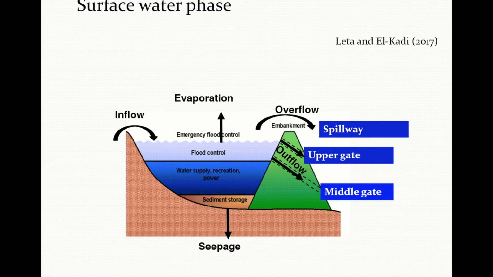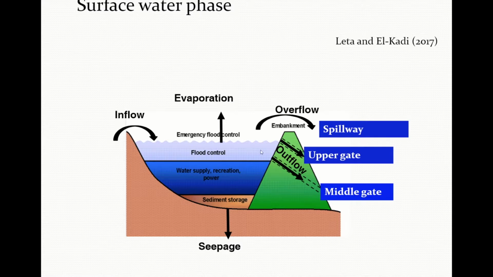To study the amount to be collected or harvested, we used a model here for the reservoir. And we can basically design the operation mechanism. So we have the water, if it goes above a certain level, it goes to the spillway. We have gates that can open by different openings to collect surface water.